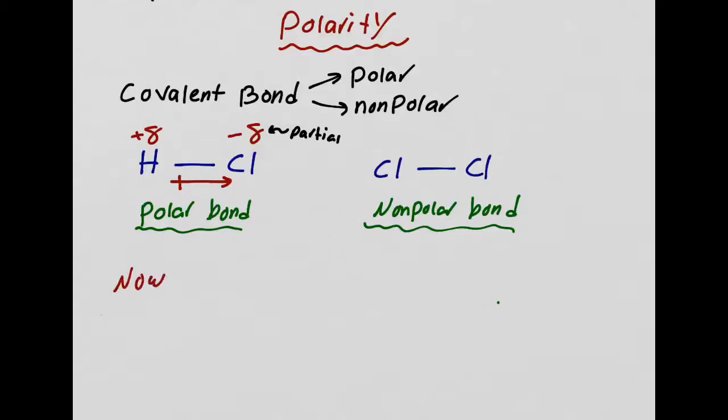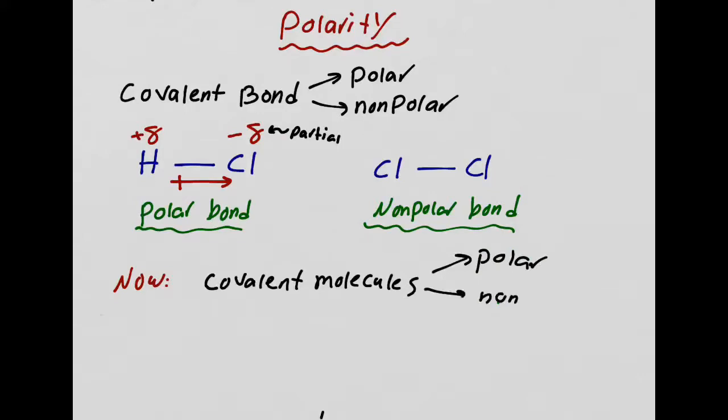Now, what we're going to talk about, we're going to talk about molecules. When we have covalent compounds, when we have covalent molecules, they could also be polar or non-polar. So don't confuse them with a bond.